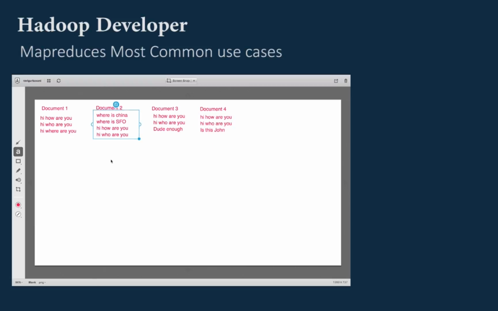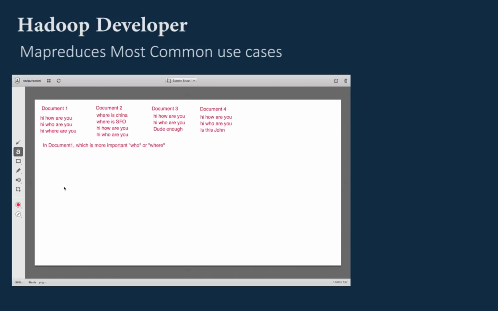So let's say we have these 4 documents, and let's say we want to rank, and find out the question we are supposed to answer: who is more important?